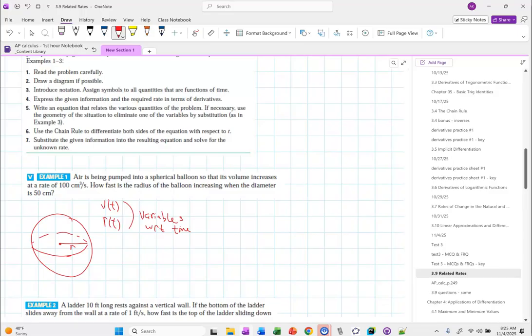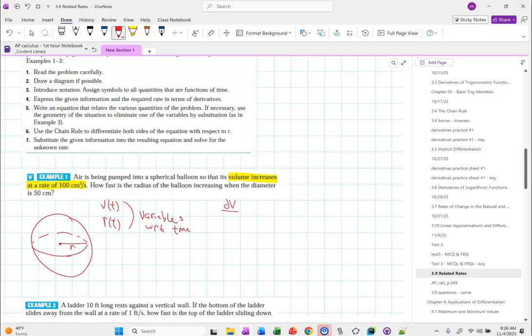Let's express what we're given as derivatives. Okay? Volume increases at a rate of 100 cubic centimeters per second. That is a rate, correct? A rate should be written as a derivative.